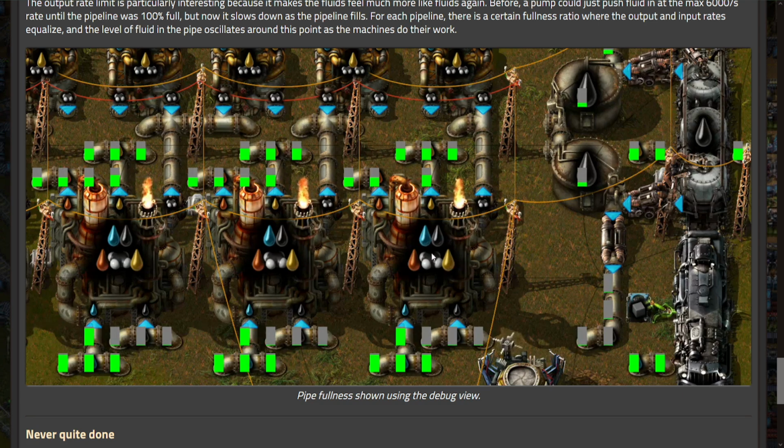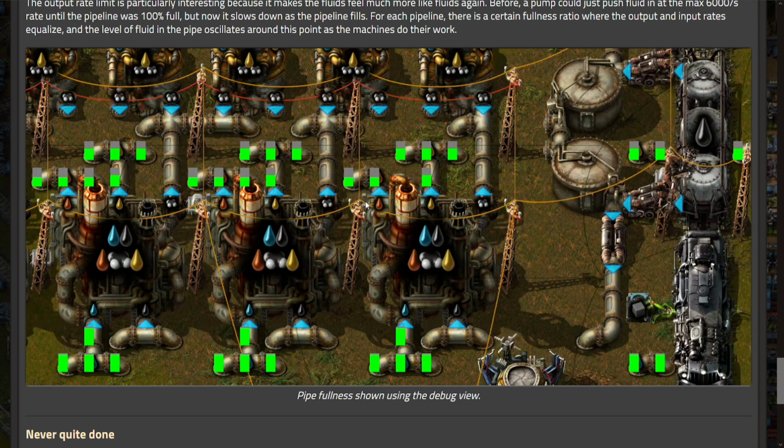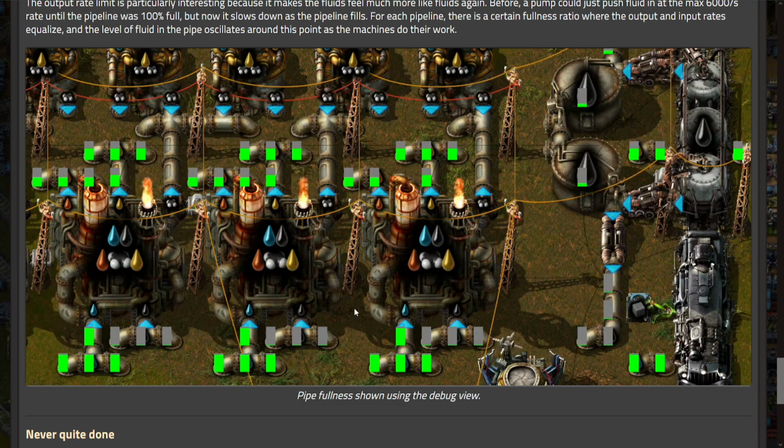So if the refinery, for instance, is already 90% full, then the fluid flow will be smaller than if it were only 10% full. And probably the same is true for storage tanks and a further distant pipe.